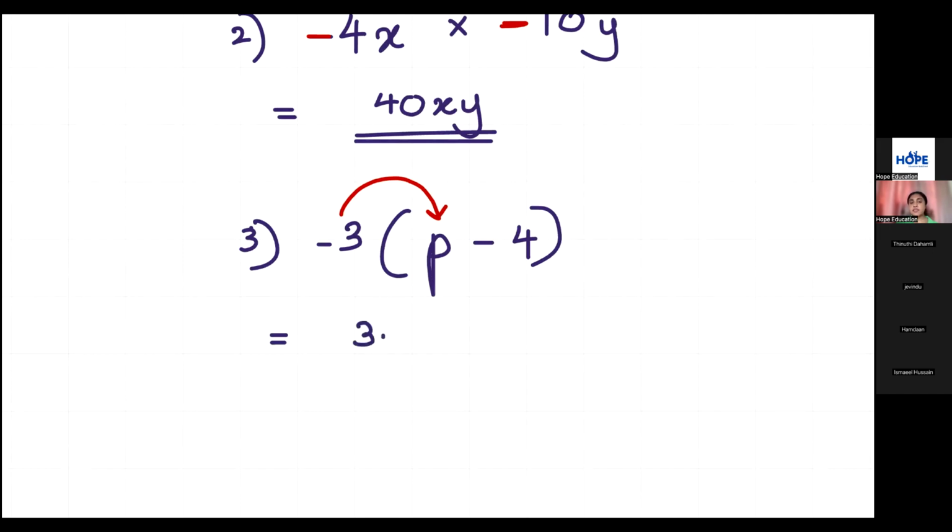Here minus, in front of p there is plus. When there is nothing, it means there is plus, right? So minus times plus, answer gets minus. Then minus 3 multiplied by minus 4. 3 times 4 is 12. Minus times minus is plus. So it's minus 3p plus 12. Okay.